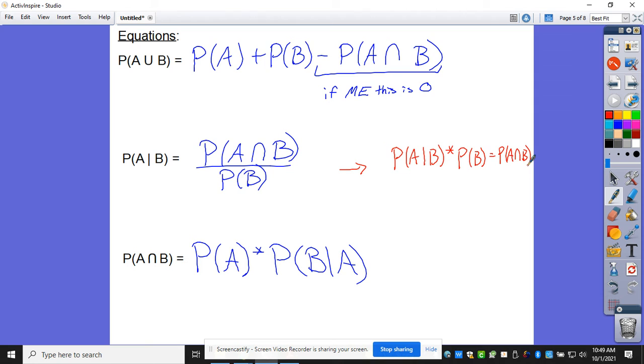So this equation gives you both of these. I'm confused what you just did. Here, I multiplied probability B to both sides, instead of just rearranging the equation.